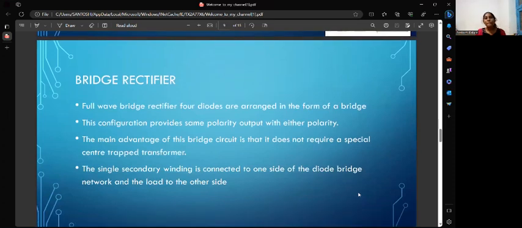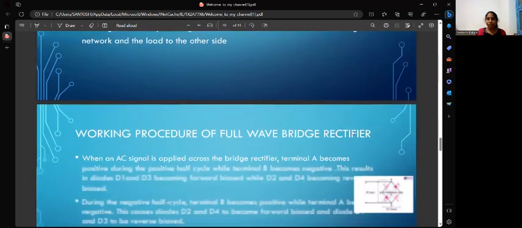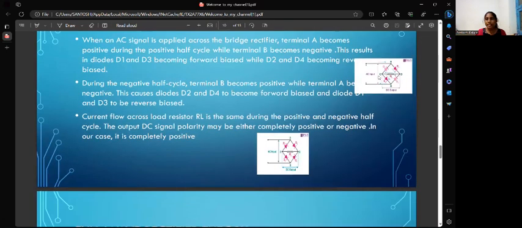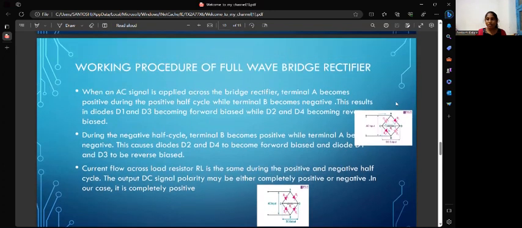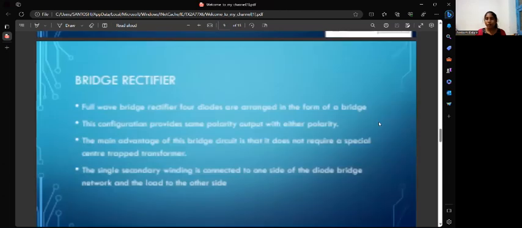Now let's go through bridge rectifiers. What are bridge rectifiers? A bridge rectifier consists of four diodes, as you can see in this, D1, D2, D3, D4.